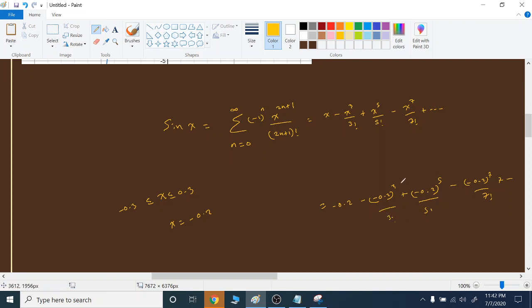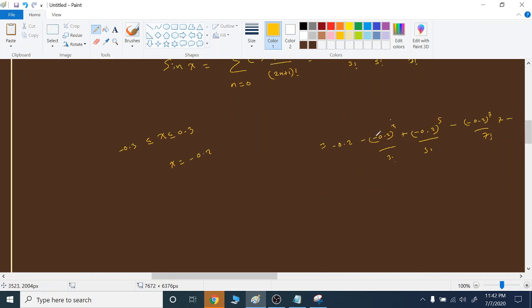Now the important thing here is that you have an odd power, right? Therefore, when you have a negative number inside as the base, you can take out the negative coefficient, right? So ultimately what you will have is something like this, right?